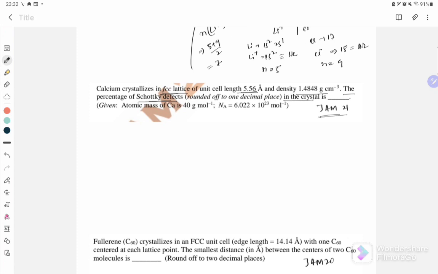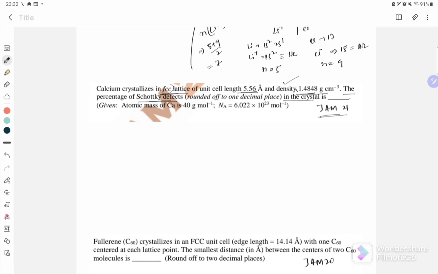So we can do it in two ways actually. In an FCC lattice, we can calculate the density by taking Z as 4, because in FCC the number of atoms in the crystal is 4. Then we subtract the calculated density from the given one and take the percentage.